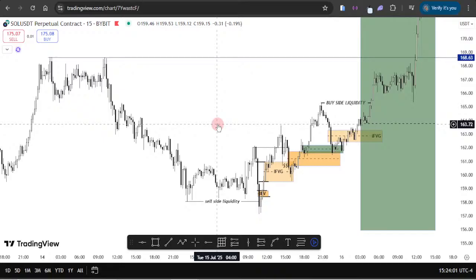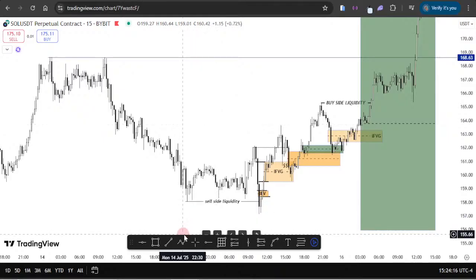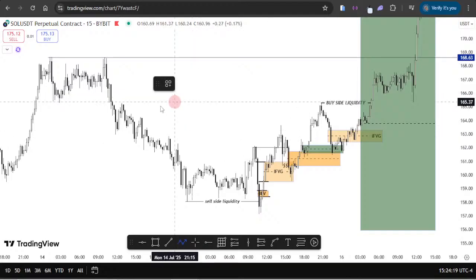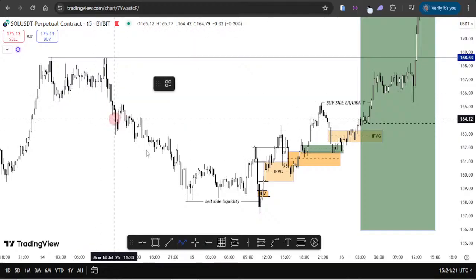A relative equal high is that high that you look at and you say, that is a trap. I am not going to put my stop loss there because I will be wiped out. Sorry for the language. So observe this price action.